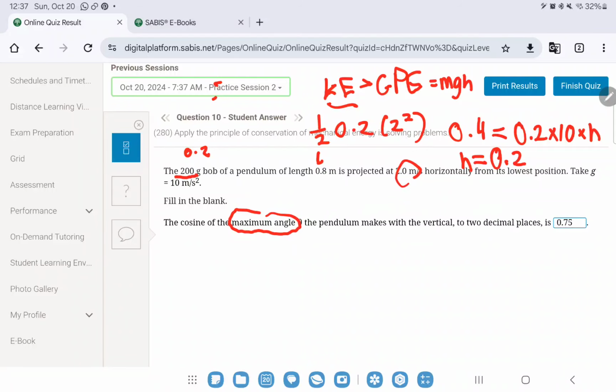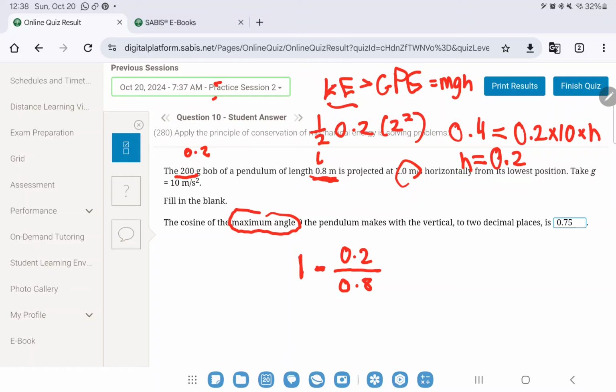Memorize it. I don't think it's written in the book anywhere, but memorize it. Cosine of the maximum angle is equal to 1 minus small length, which is 0.2, over big length, 0.8, because this is our length.